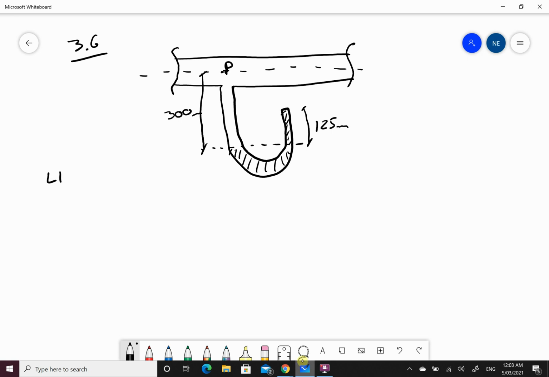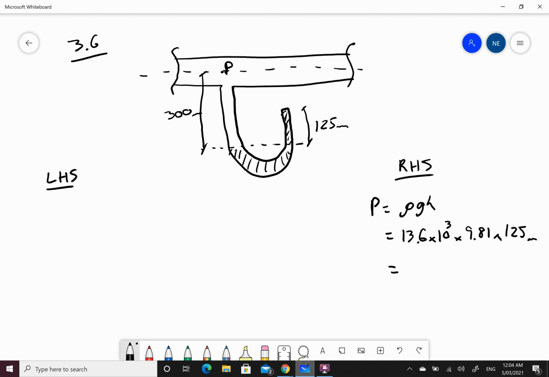So my pressure here: rho g h, rho of mercury, 13.6 times 1000, 9.81 times the height, 125 millimeters. Remember, that is how much force it is to push this up.